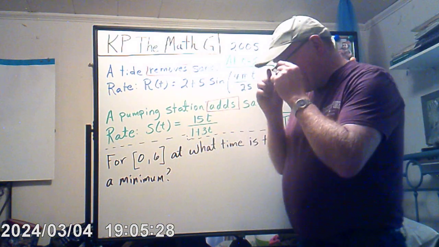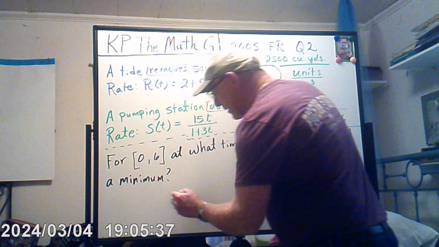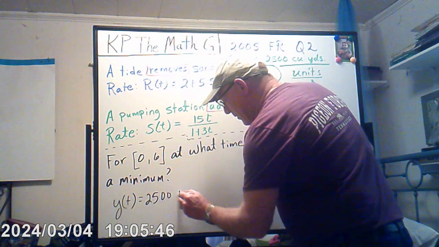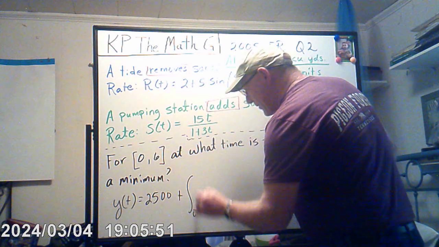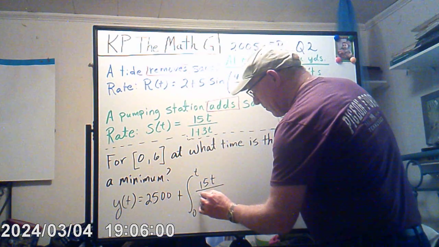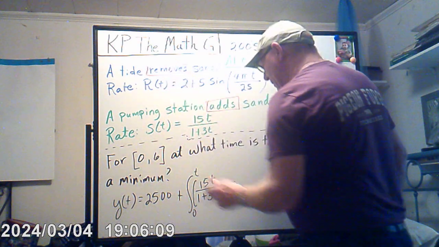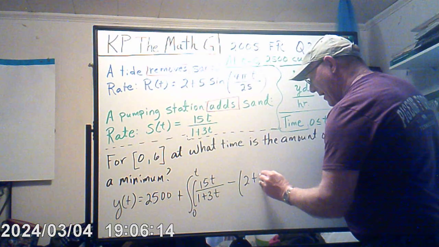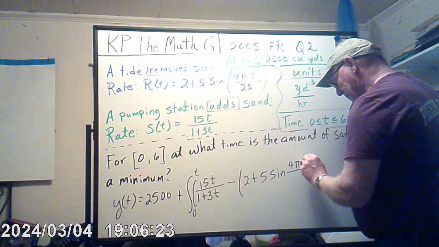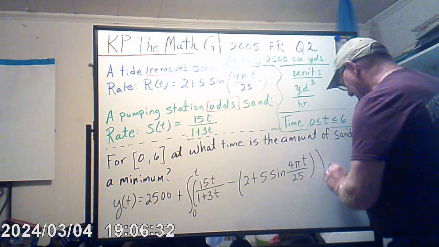Now remember, from the last problem, we found that we had to come up with a function Y. Y at t was equal to 2,500 plus, we're going to add, we integrated from 0 to any time t, 15t over 1 plus 3t, and then minus the amount that is removed, which is 2 plus 5 sine of 4 pi t over 25, and close, and then close again, dt.